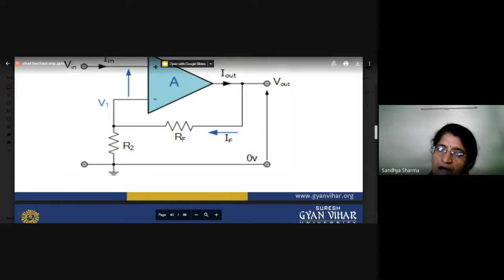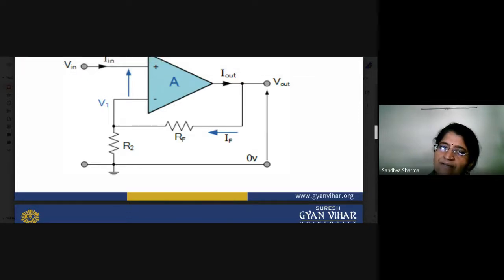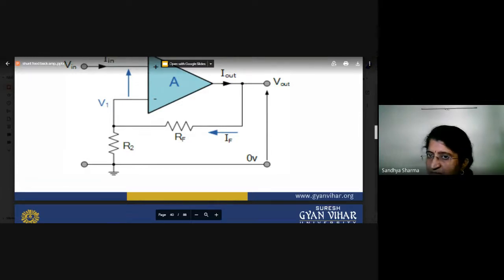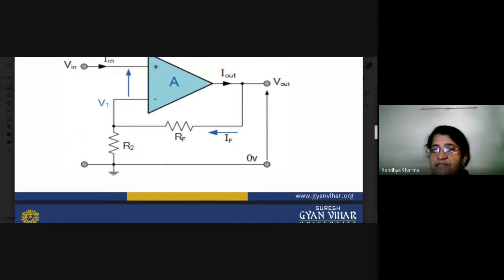Now you have to calculate the voltage of V1, and this is the point where you calculate it. How can you calculate V1? You apply the output voltage V0, and this V0 is divided across these two resistances, which are connected to the inverting input terminal of the operational amplifier.